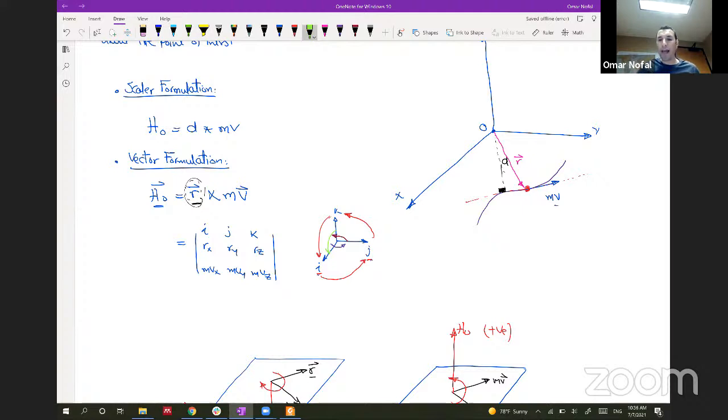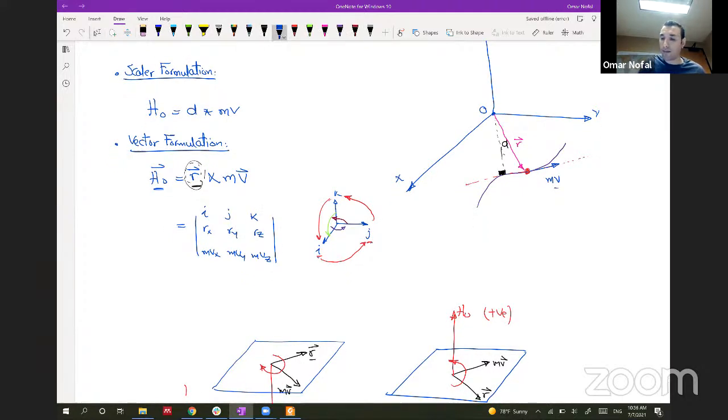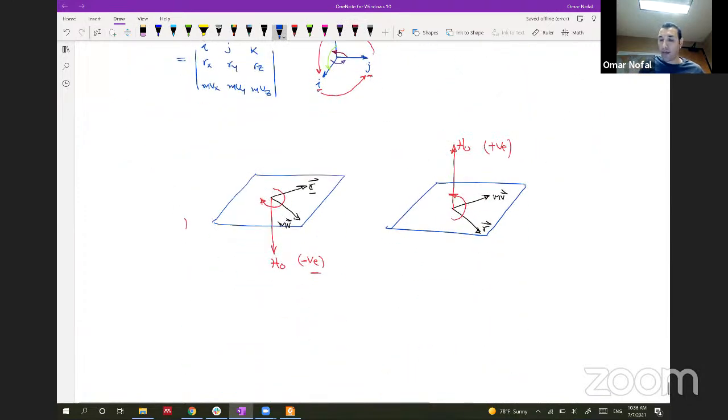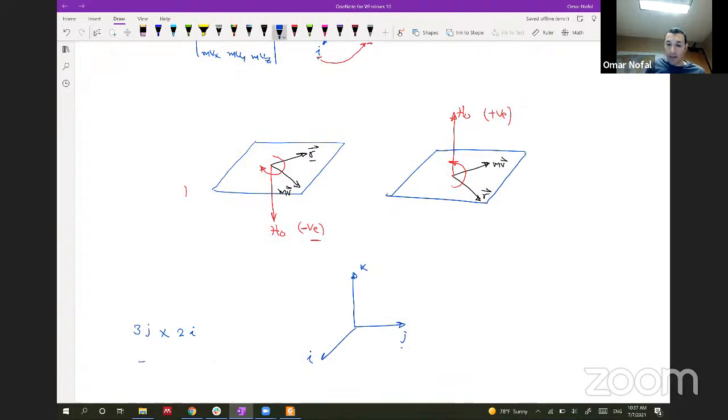So let's see what will happen if we reverse this. Here's I, here's J, and here's K. What if I multiply J by I? It's the reverse. So I have 3 in the J hat direction, cross product with 2 in the I hat direction. This will give you 2 times 3 is 6, but we don't know the direction.